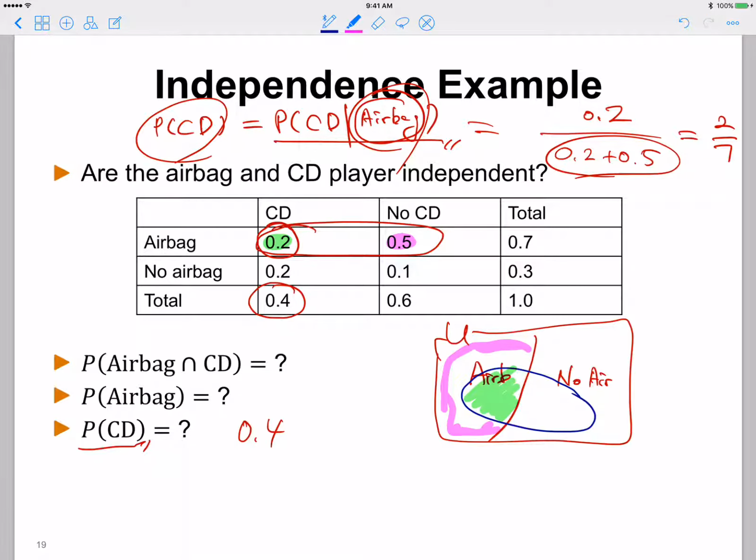And so this part is 0.2, 0.5. Okay, and then similarly, this part is 0.2 and 0.1. And altogether, if we sum all those four probabilities, it will be equal to 1.